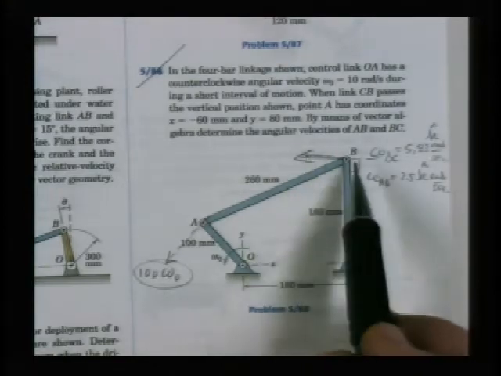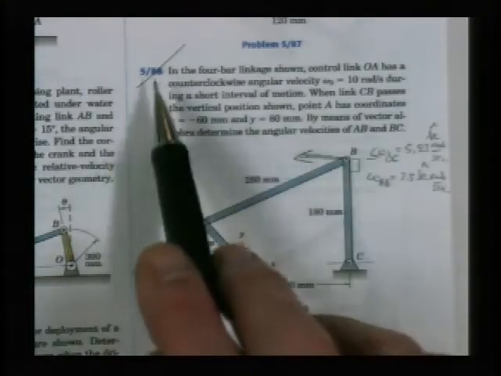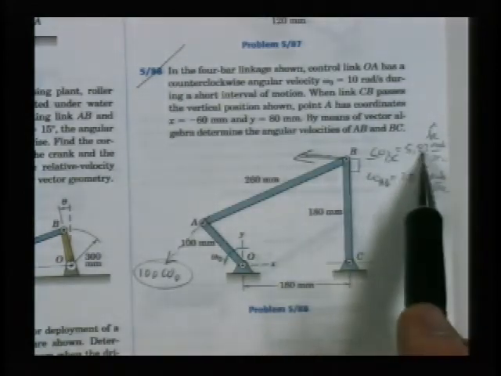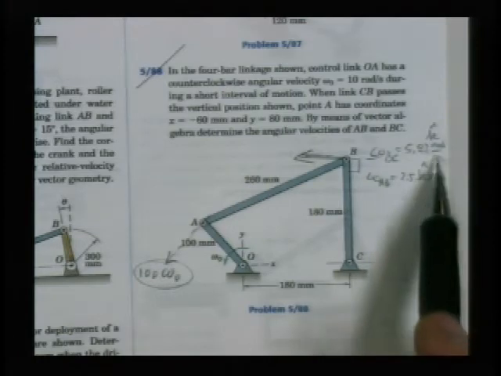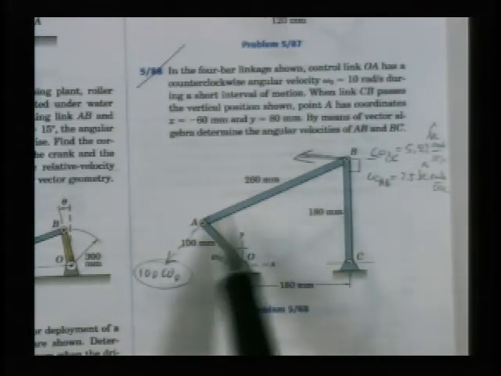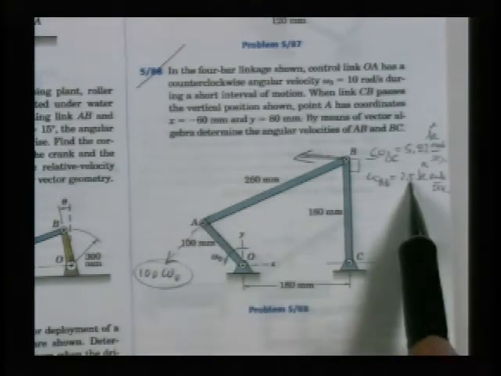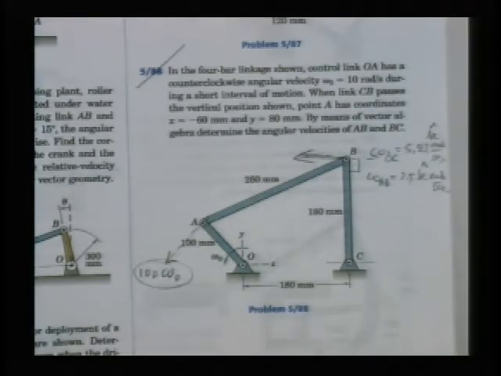Here's an answer that you were asking about earlier on number 88. Omega of BC here is 5.83 radians per second. And omega AB right here is 2.5 radians per second. Number 88.